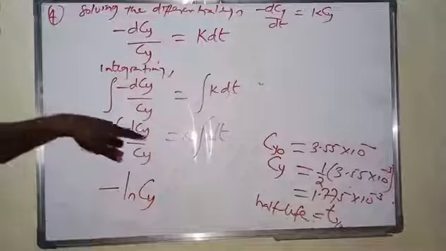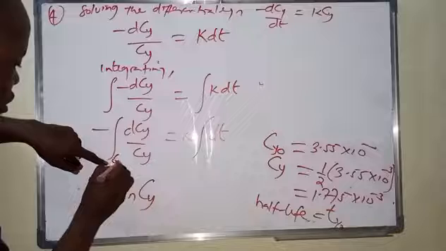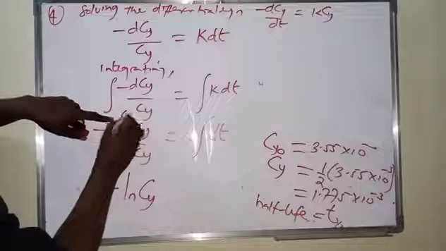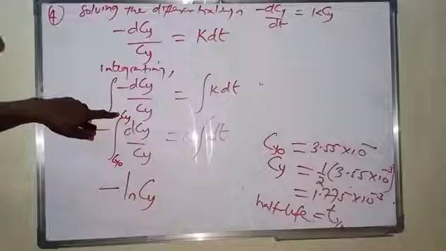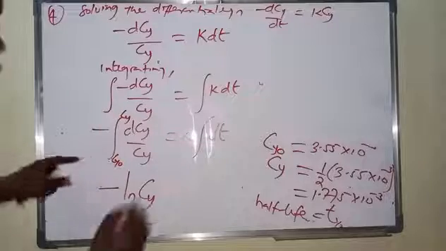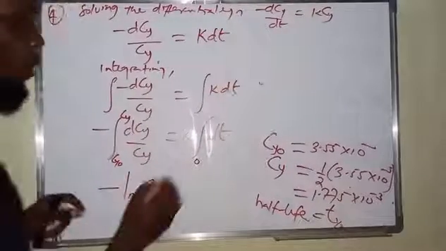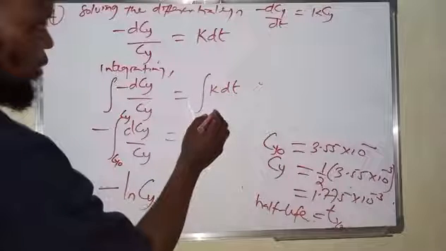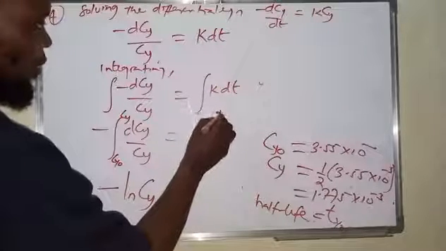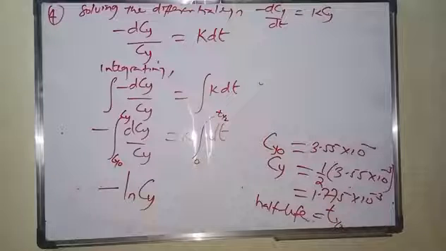But this integration, we are going to do it between the initial concentration and the final concentration. You understand? Then the same thing, this will be from time t equals 0 to a certain time, which is the half-life. So that is the case.